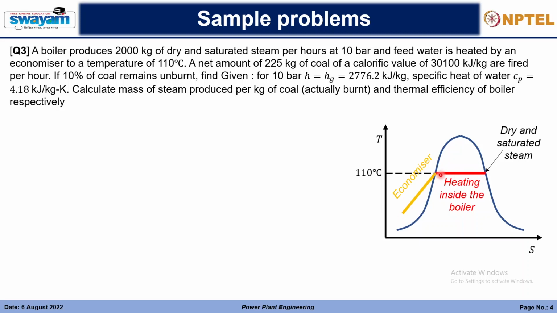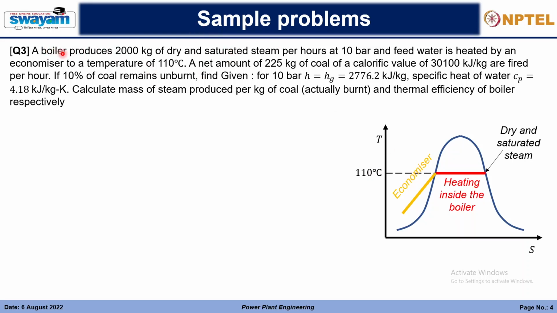This is a boiler application. Normally the boiler would have provided this sensible heat, but now the economizer is supplying that heat. So if the amount of heat to be supplied inside the boiler is constant, then the mass of steam produced would be very high, right? So the output from the boiler would be very high. Accordingly the economizer is used, and this is the question related to the economizer.